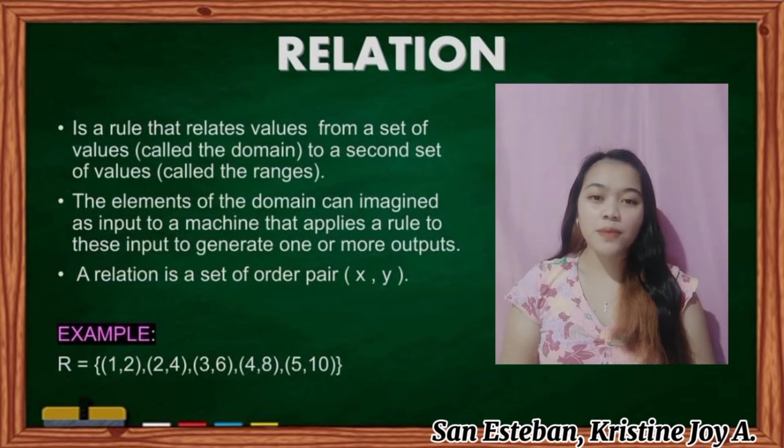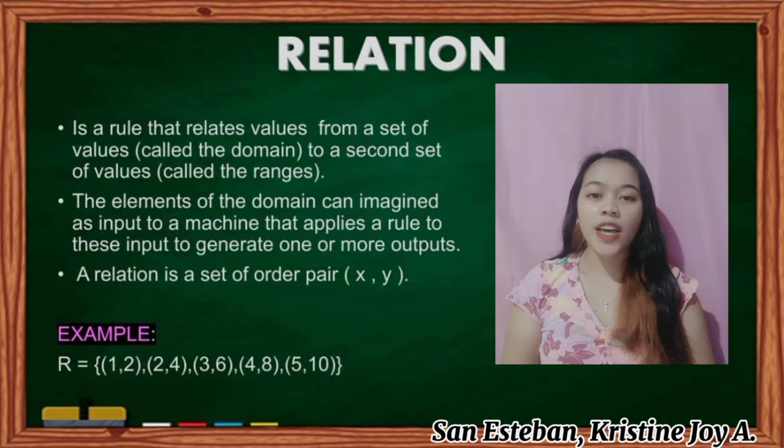The elements of the domain can be imagined as input to a machine that applies a rule to this input to generate one or more outputs. A relation is also a set of ordered pairs x and y. For example, (1, 2), (2, 4), (3, 6), (4, 8), and (5, 10).